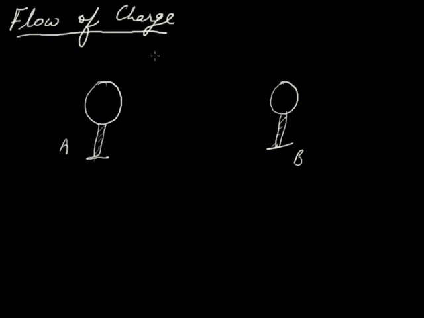Now we observe that there is excess positive charge on body A, while excess negative charge on body B. When they are connected with a metallic wire like this, we see that the negative electrons move and reach the positive charge and neutralize the positive charge. So this process continues until bodies A and B have similar charges.